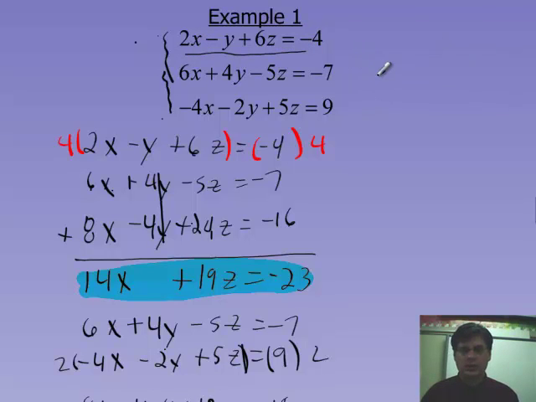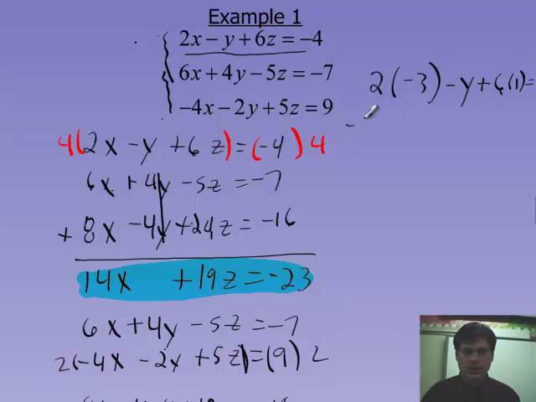So 2 times negative 3 minus y plus 6 times 1 should equal negative 4.